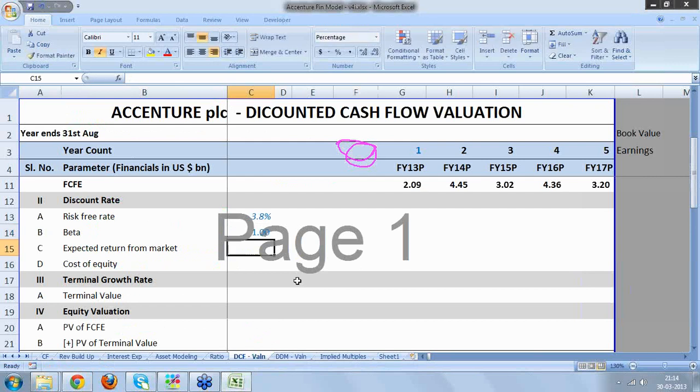I say it's 1, one expected return from the market. Again, it has to be a weighted average of expected returns from all the geographies Accenture is deriving its revenue from. So anywhere between 8.5% to 10%. Ideally, I'll take it to be close to 9.5%.